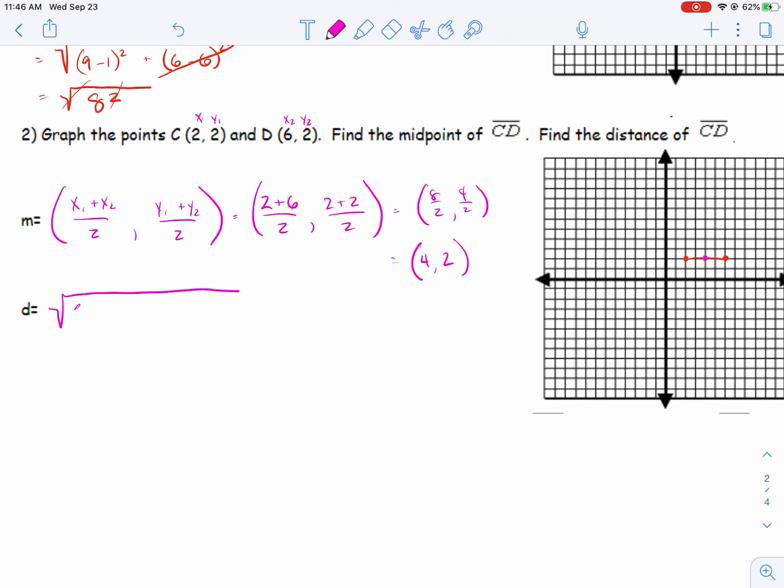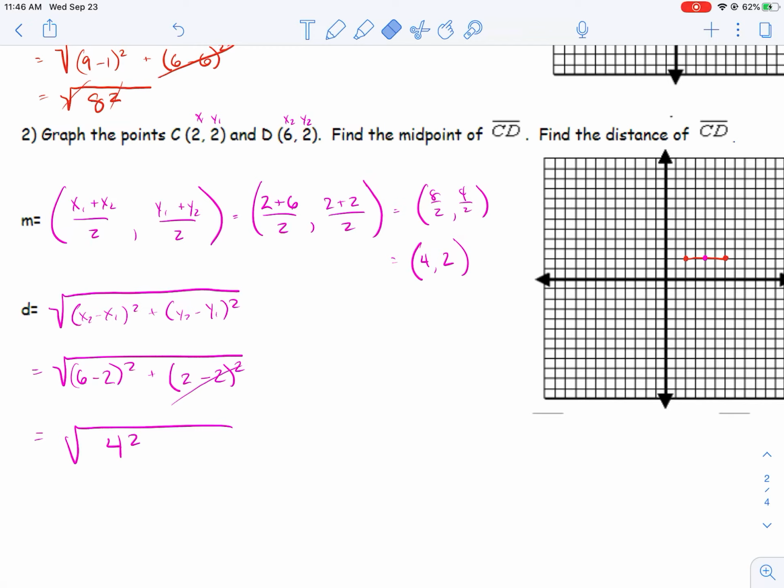Now the distance formula: x2 minus x1 squared plus y2 minus y1 squared. Plug these guys in. So I'm going to go 6 minus 2 squared plus 2 minus 2 squared. Those are just going to cancel. You're going to be left with 6 minus 2, which is 4 squared.